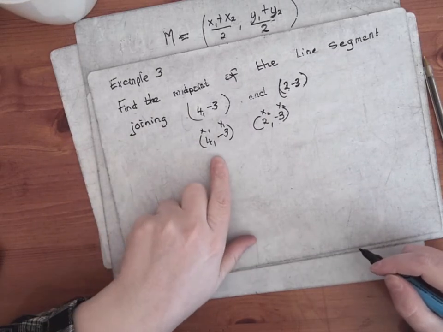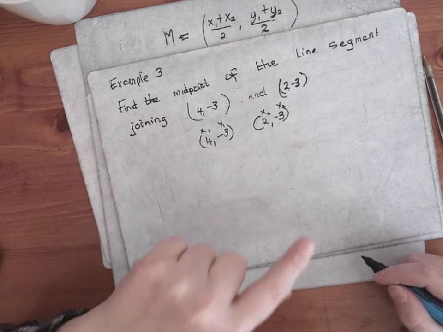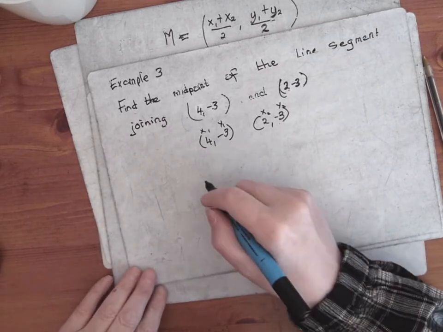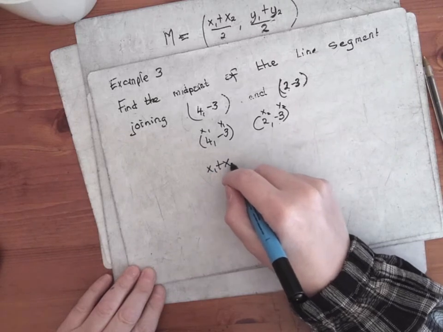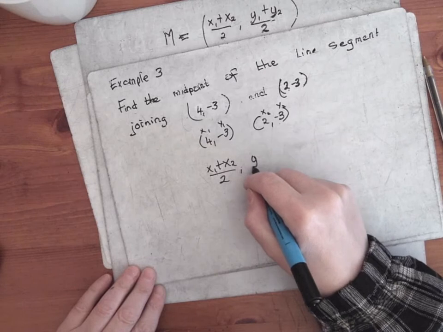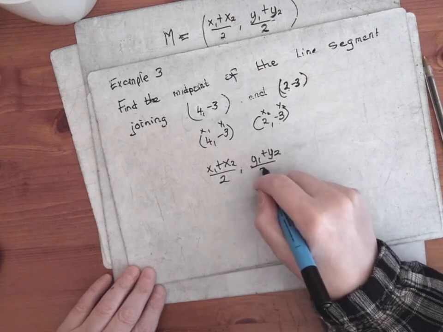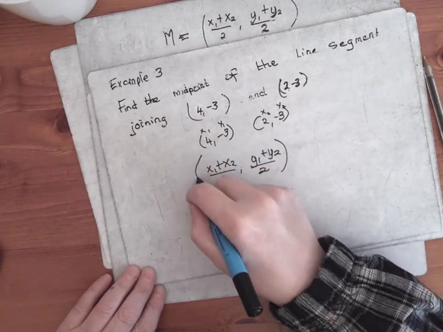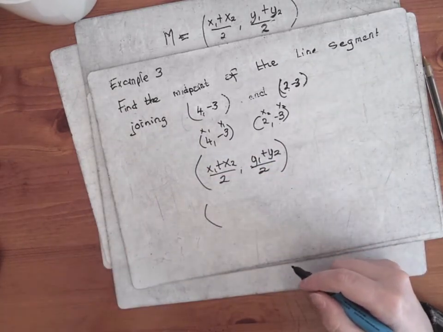Write out your points and put an x1, y1, x2, y2 over them. Then you always write your formula, x1 plus x2 over 2, y1 plus y2 over 2 in brackets, and then you fill it in. Always write your formula without filling it in, and then fill it in the next line.